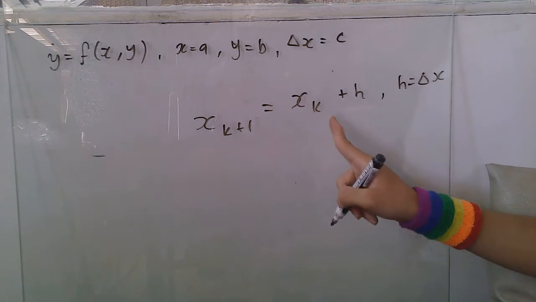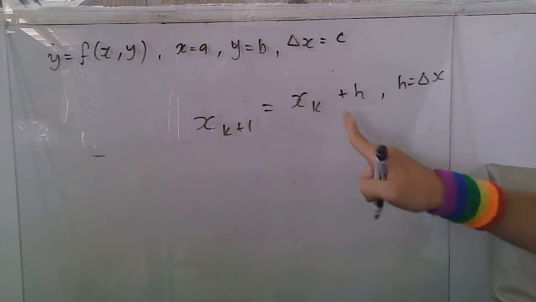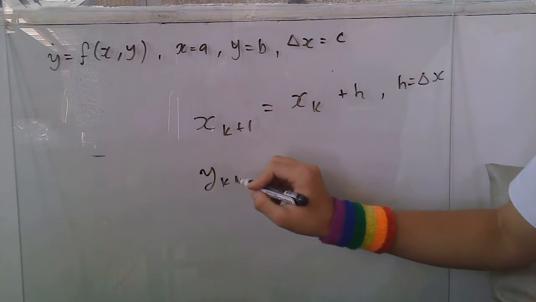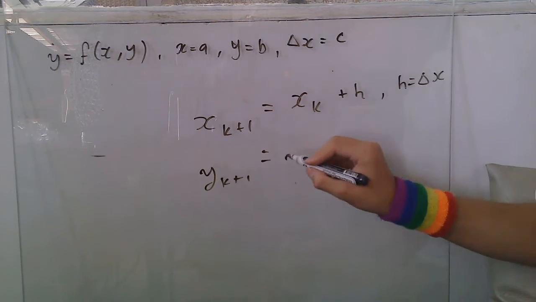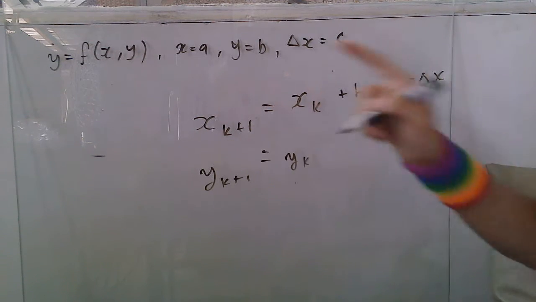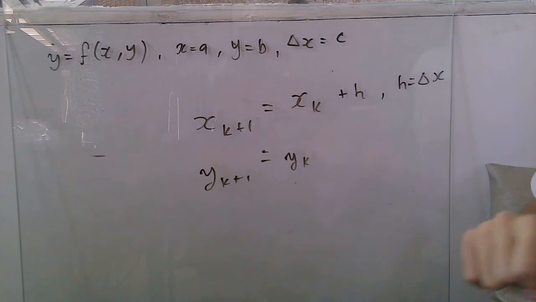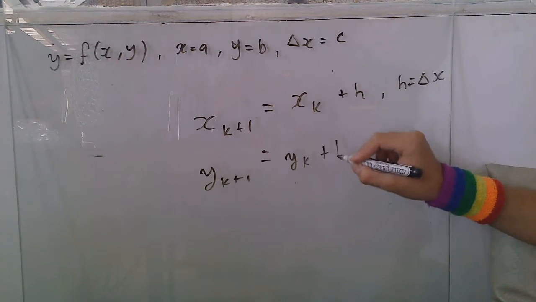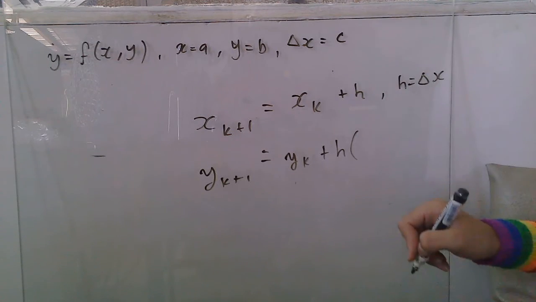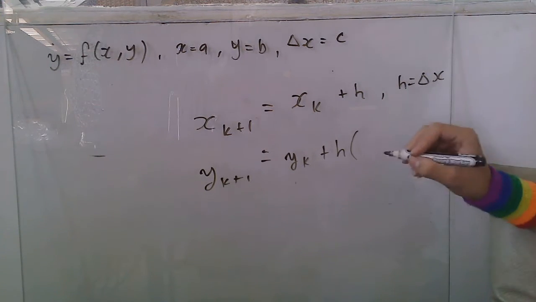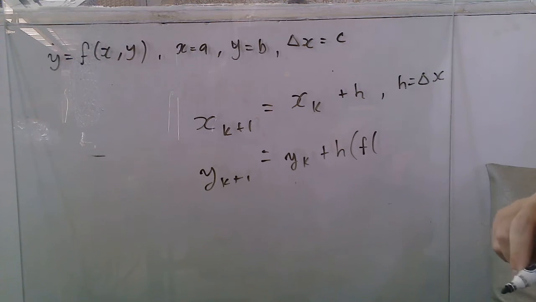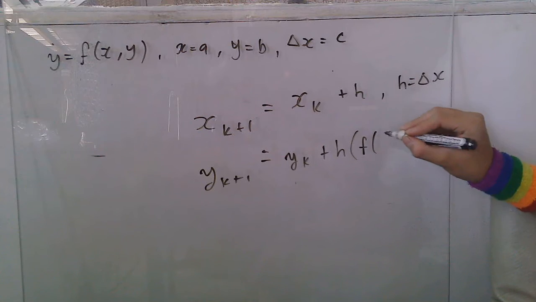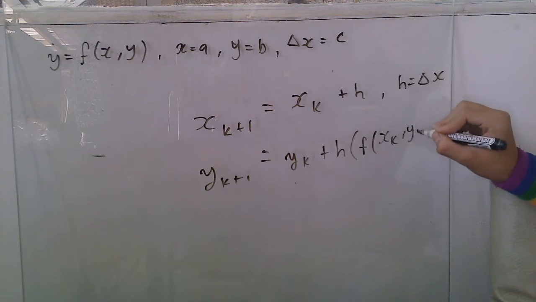So we have an initial x value plus h, and y sub k plus 1 is equal to y sub k, an initial value for y, plus h or delta x times f of x sub k, y sub k.